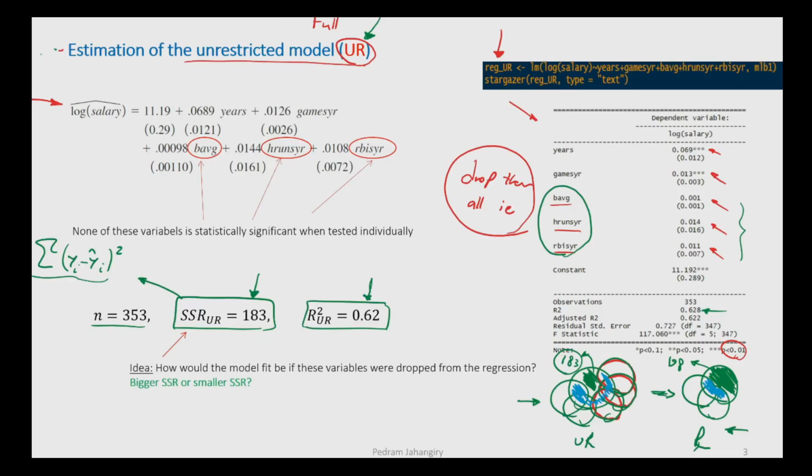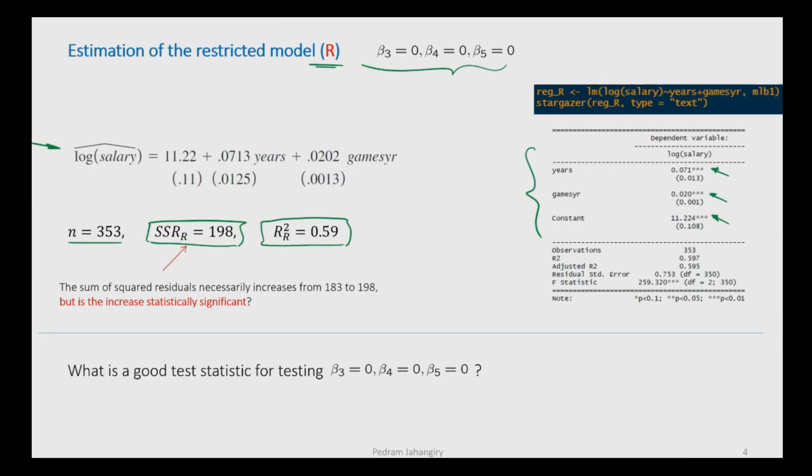So clearly, when I drop some variables, the R-squared is going to decrease. So SSR, the green shaded area, is going to increase, but R-squared, the blue shaded area, is going to decrease when we drop, right? There's a relationship between the two. We can mathematically prove that. But we're going to construct that F statistic by looking at the sum of squared residuals, and then we're going to expand it to the R-squared version.